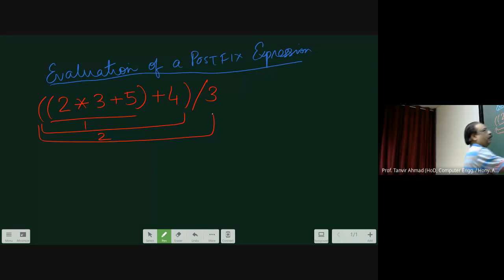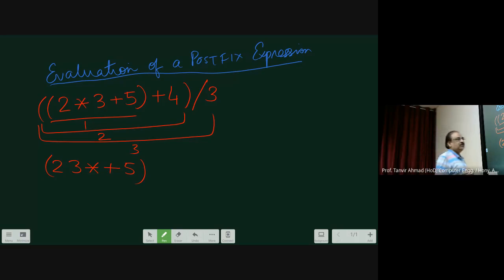Okay. Now once you are inside the bracket, you have to perform 2 into 3 first because multiplication comes before the plus. Therefore, in that case, this will be evaluated as 2, 3, multiplication. And then when I am going to use this, now this will be like this.